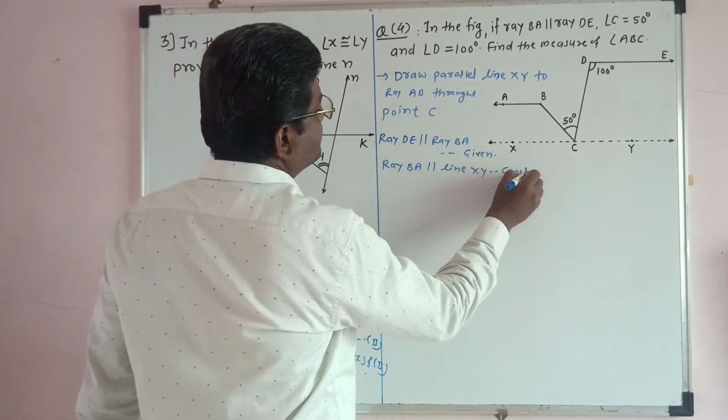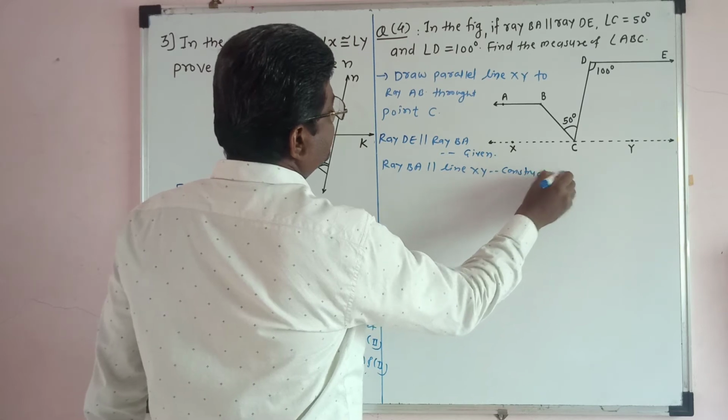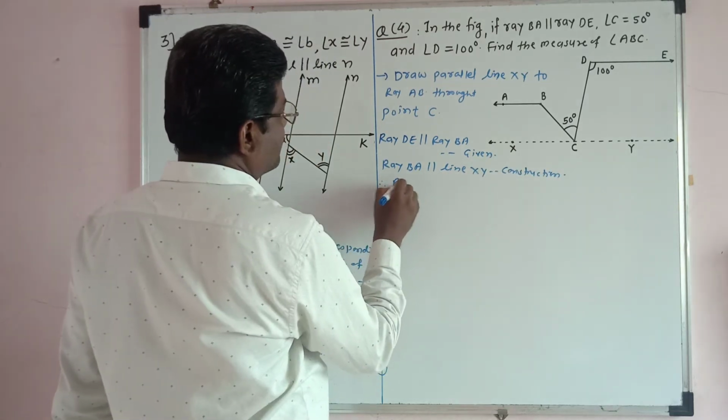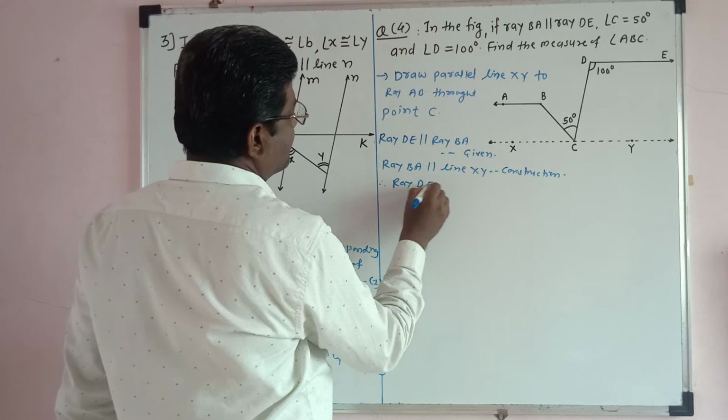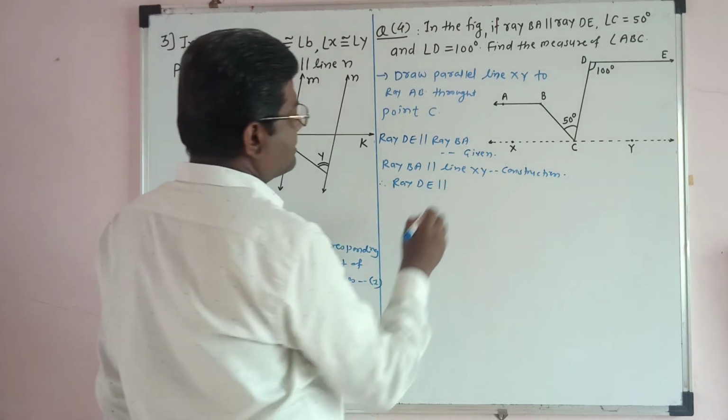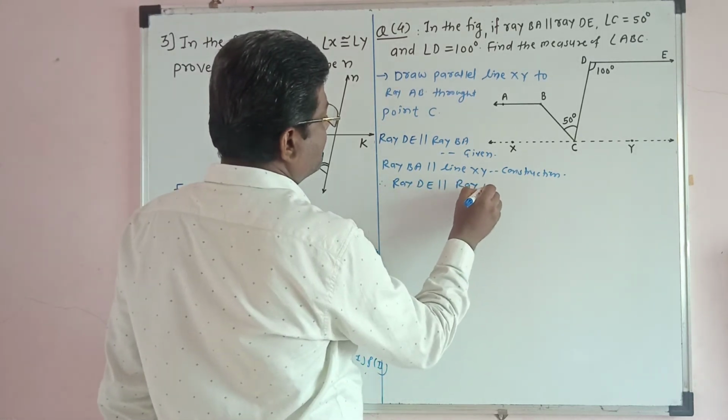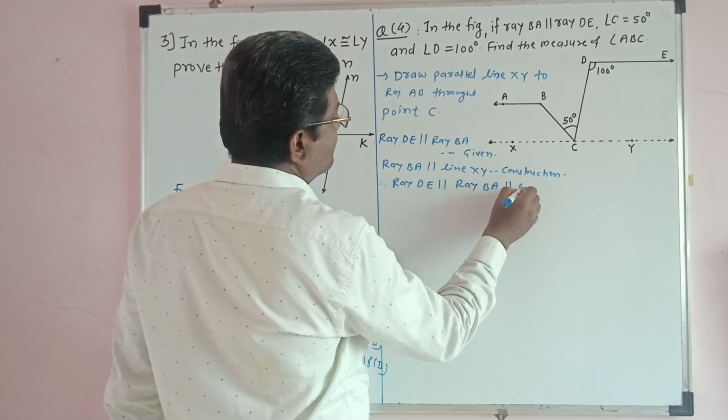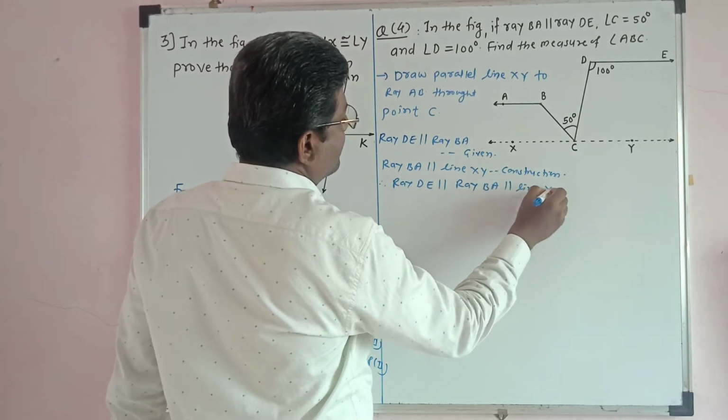This is a construction. Therefore, ray DE parallel ray BA parallel line XY.